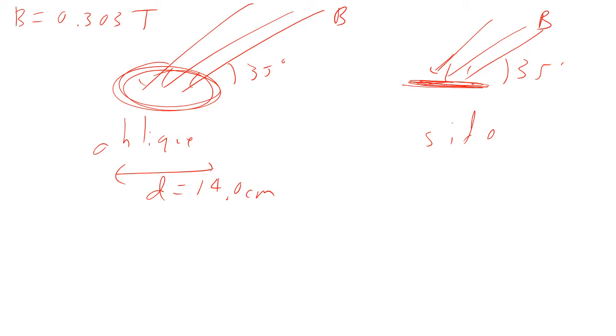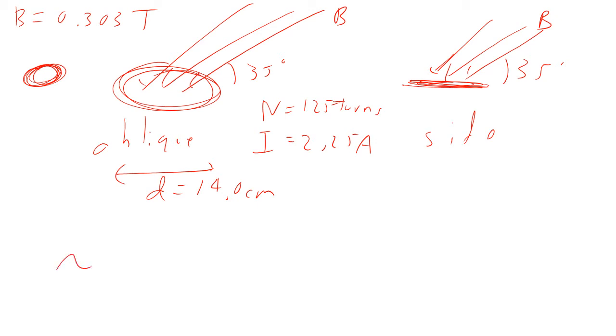Let's say the coil has 125 turns in it, so the wire goes around here 125 times. And let's say there's a current in that coil of 2.25 amps. And so I want to know what's the torque on that coil as the magnetic field is going through it.